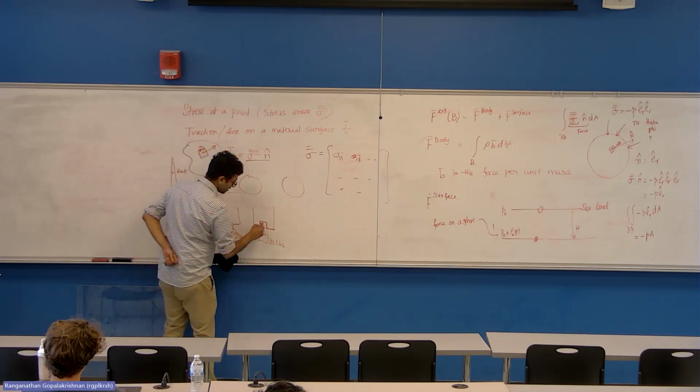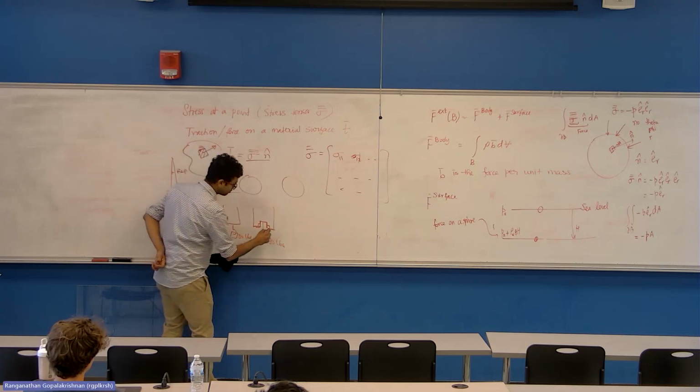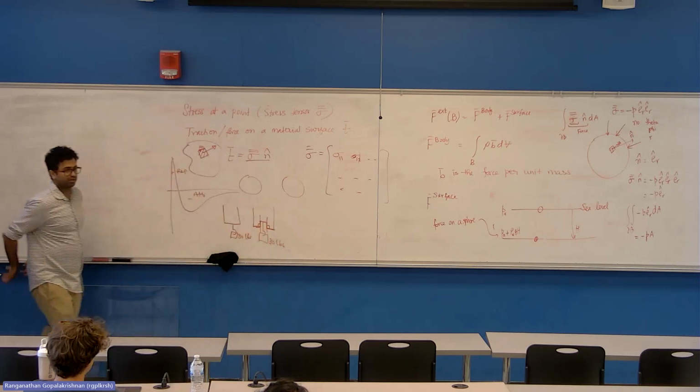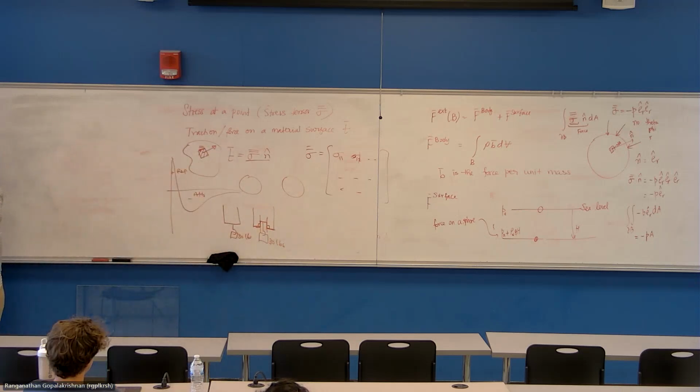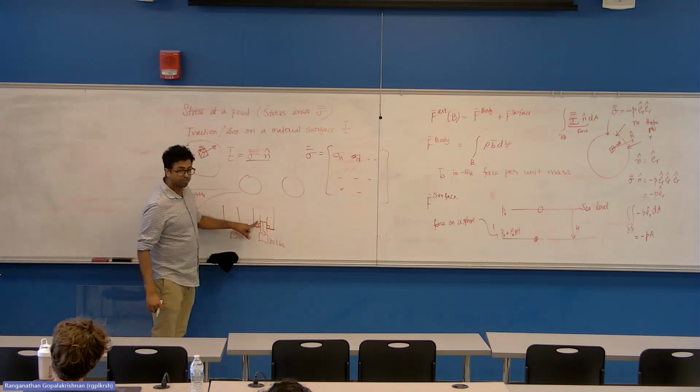The points on this line and the points on this line, their orientation is 90 degrees perpendicular to them. If this is pure tension, how can this also be pure tension? You tell me what it can be. It has to be shear, pure shear, right? If this is pure tension, this has to be pure shear.